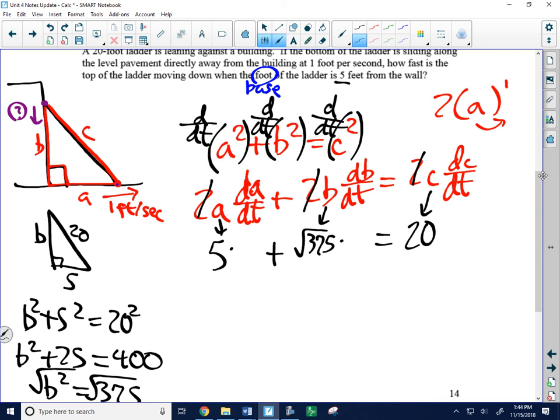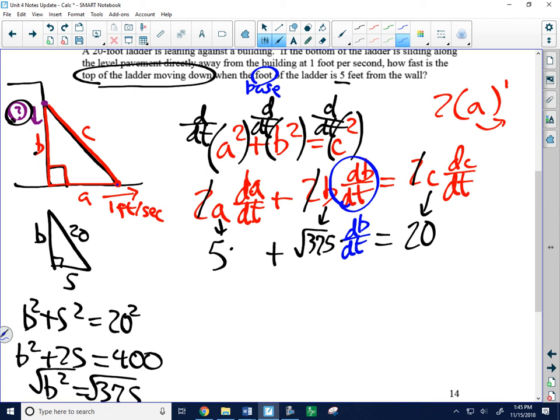So let's go up. The question is, how fast is the top of the ladder moving down? That was this one. That's the rate of change of what I call B. So is how fast B was changing? So they're asking me to solve for this one. So I'm just going to bring this one down. Or sometimes students want to call this x, so it doesn't look as crazy here, dB dt.